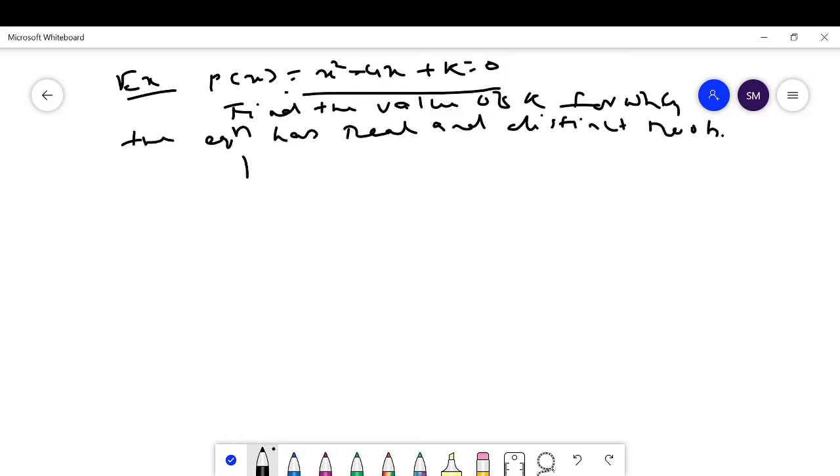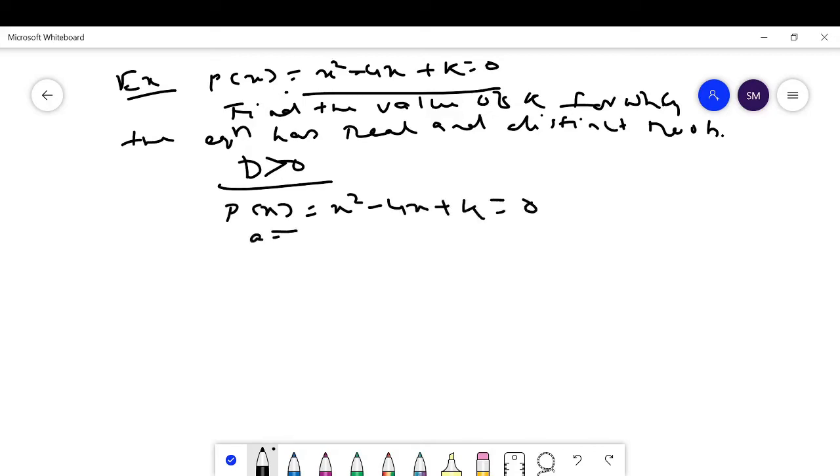This means D is greater than 0. Then we have to show that D is greater than 0. Here the equation is p(x) = x square minus 4x plus k = 0. Here a equal to 1, b equal to minus 4, c equal to k.